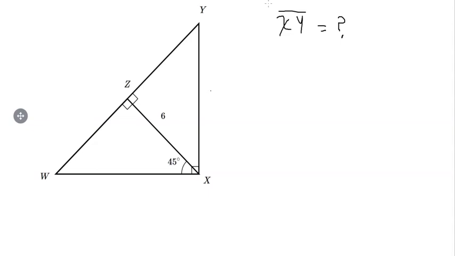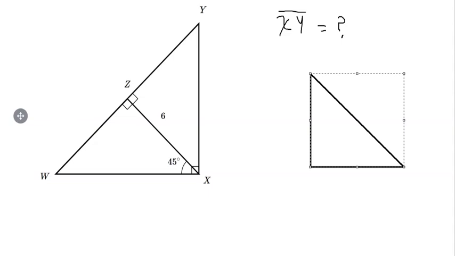Very interesting question. Before we solve it, we need some previous knowledge about triangles, especially right triangles, and this special right triangle, which is 45, 45, 90. Let's review this a little bit.